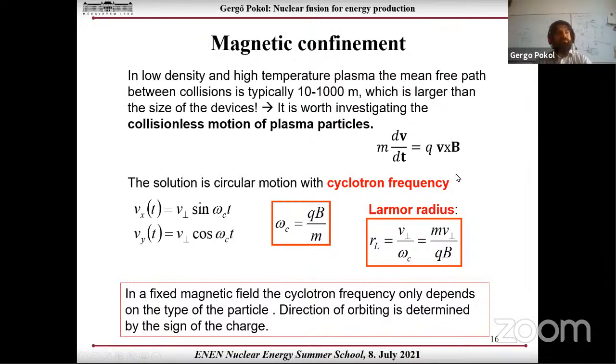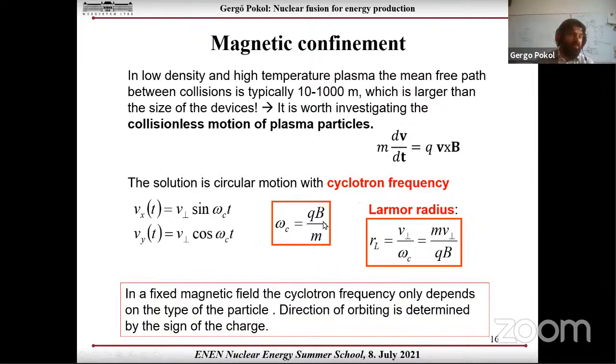So what it does, it directs the particle onto circular motion, or if it has a component along the magnetic field line, into this spiral motion around the magnetic field line.